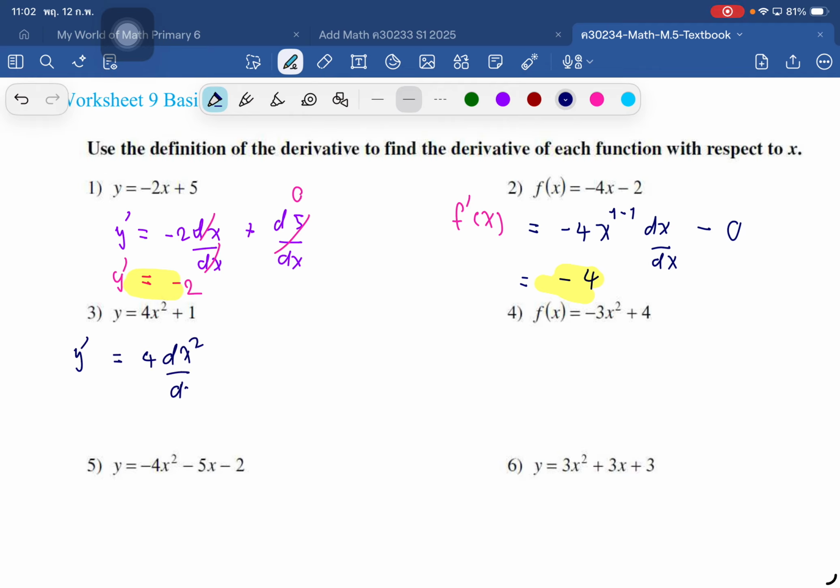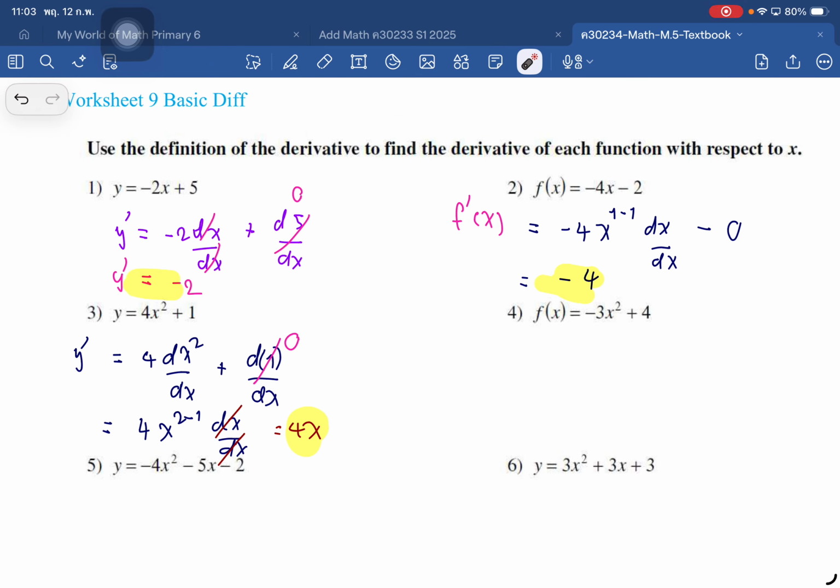Just let the u term be this, and then we're going to differentiate it. If you differentiate u to the power of 1 over 2, you have 1 over 2 u power n minus 1 du by dx. You get the terms like this, okay?